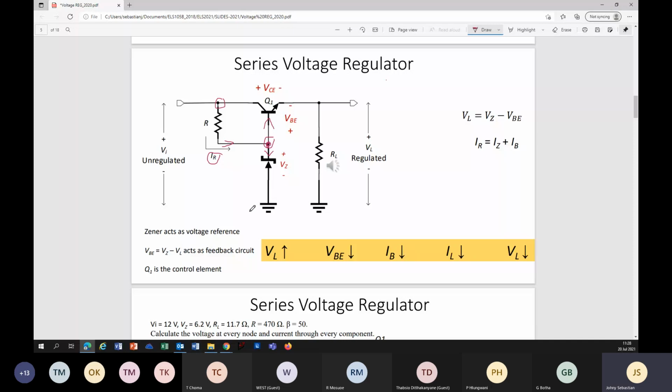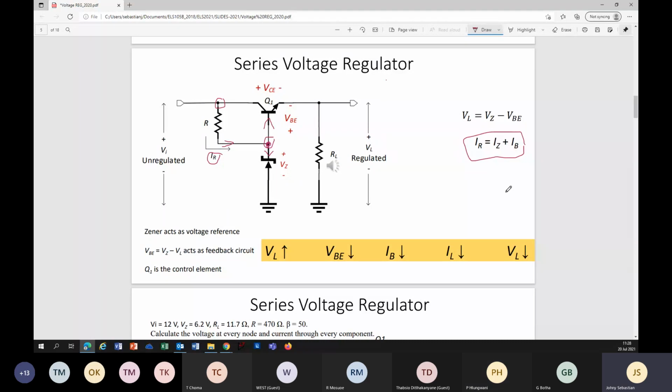One of those currents is base current for Q1, and the second current is Zener diode current. Or in other words, you can write IR equals IZ plus IB. Do you agree to it? Yes, sir.